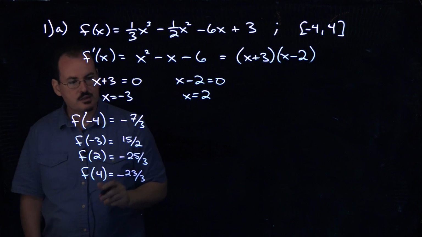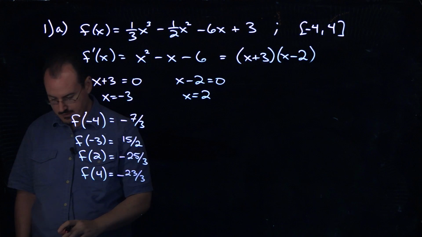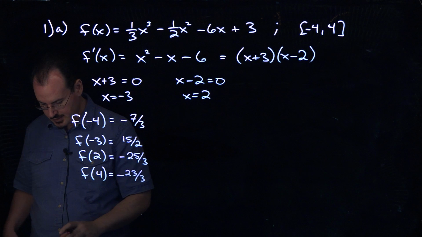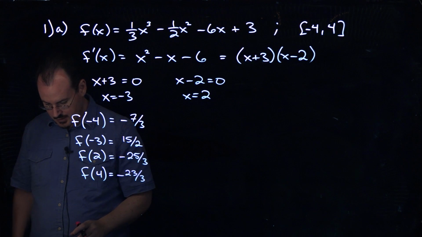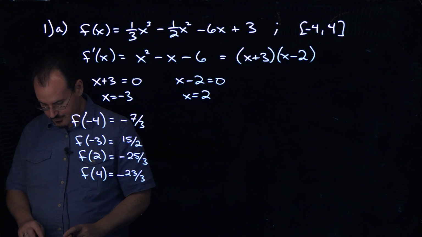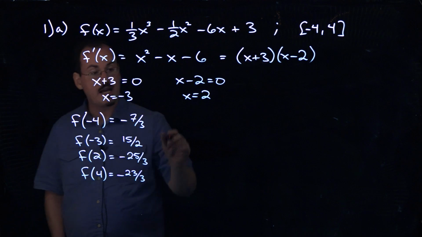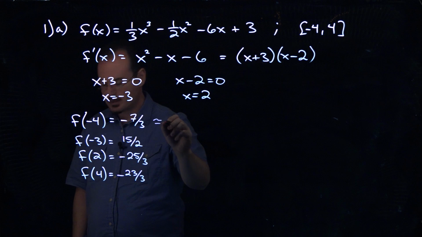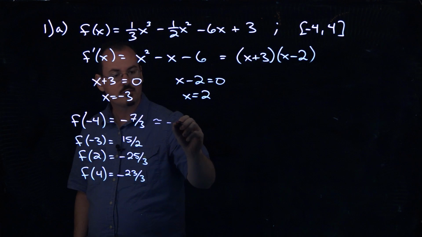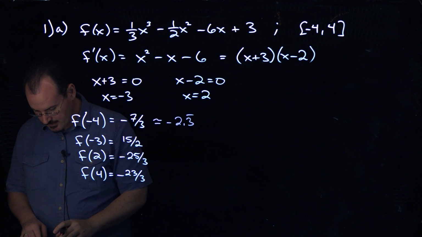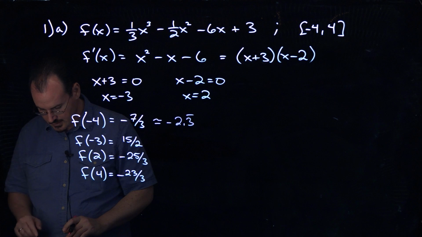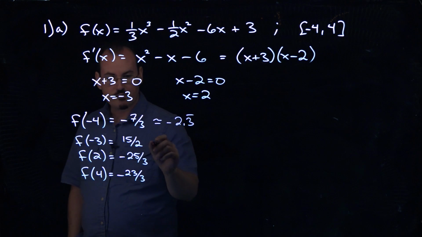And for these fractions, if you do a decimal representation, it may be more clear which one is actually the minimum and maximum. So let's see, -7/3 is about -2.3, and the 3's are repeating. Let's do -3 again: 7.5.